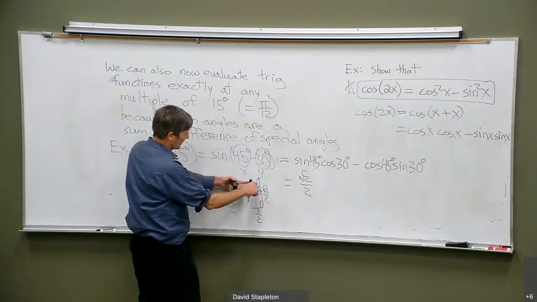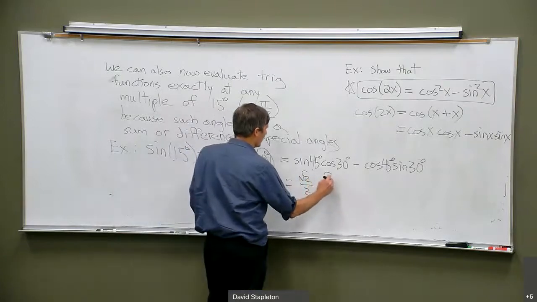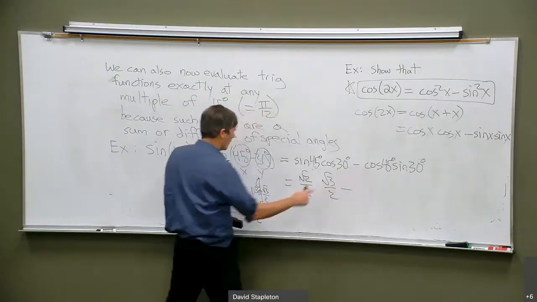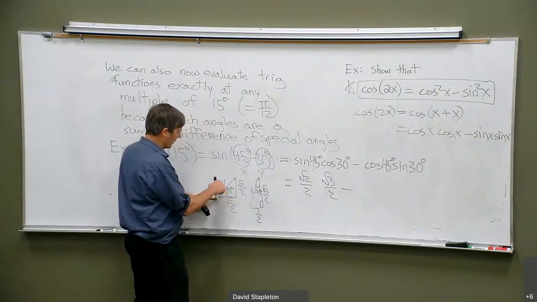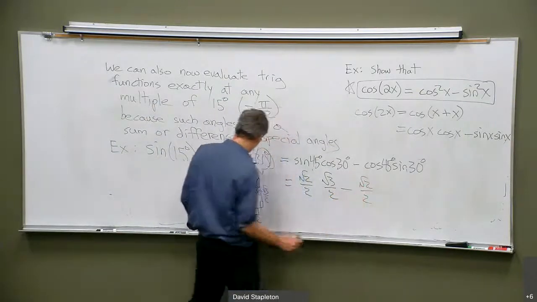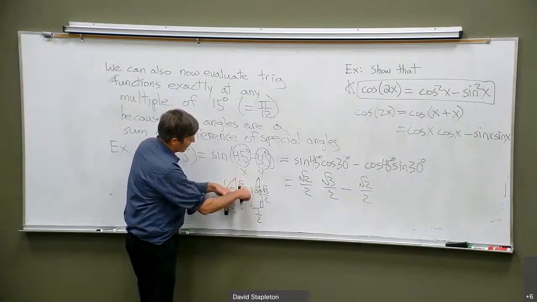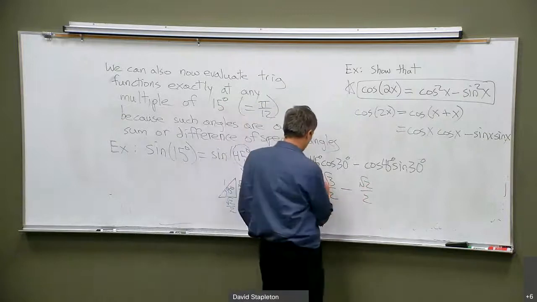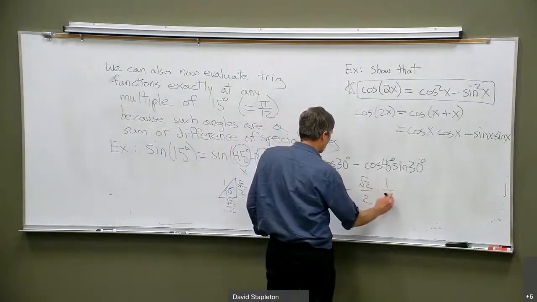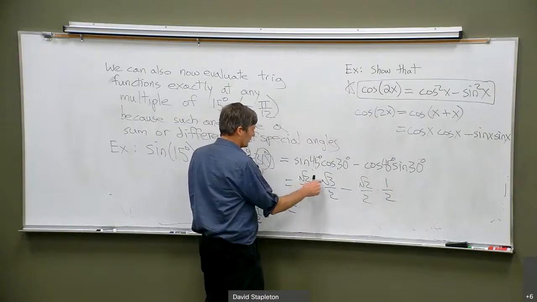Cosine of 30 degrees, here's this angle, adjacent over hypotenuse is square root 3 over 2. Cosine 45 degrees is adjacent over hypotenuse is square root 2 over 2. And sine 30 degrees here is opposite over hypotenuse is 1/2.